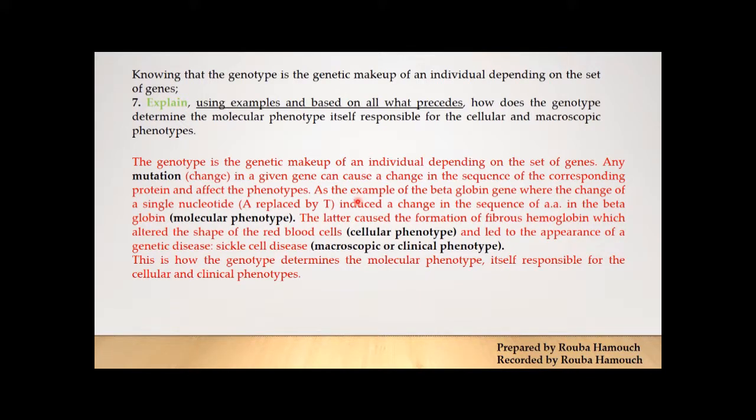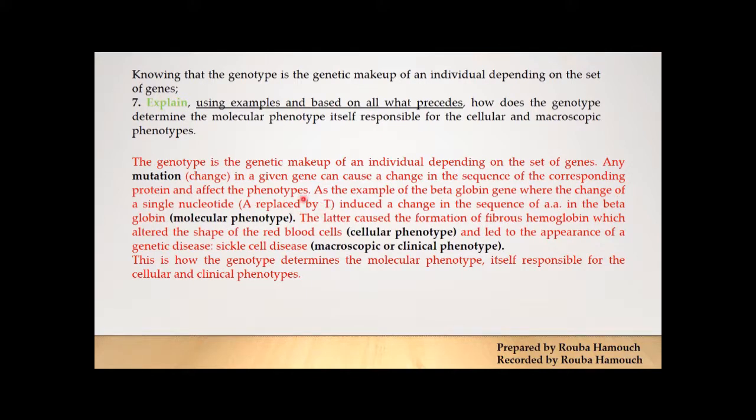An example is the case of sickle cell anemia. In this case, the beta globin gene is modified by a single substitution. One nucleotide, which is A, is replaced by thymine.